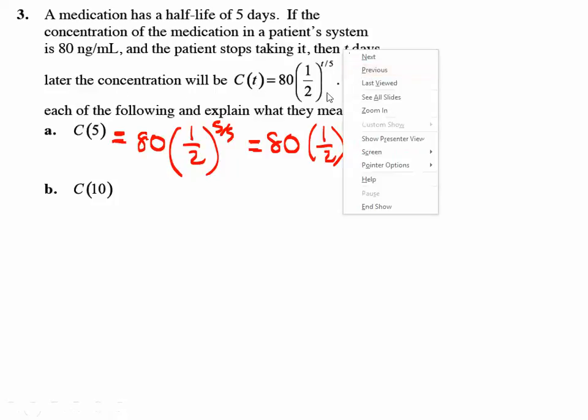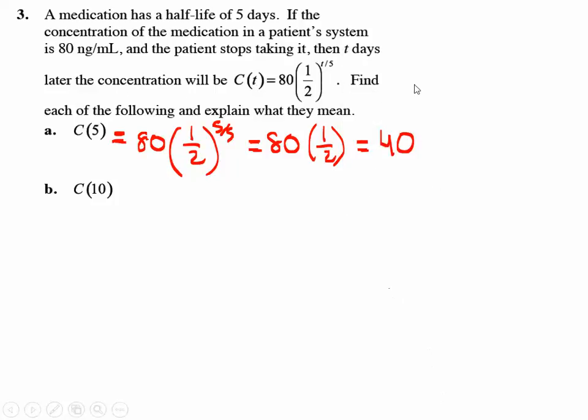So T is the number of days, C is the concentration. So it looks like after 5 days of stopping the medication, there'll be a concentration of 40 nanograms per milliliter in the person's blood.